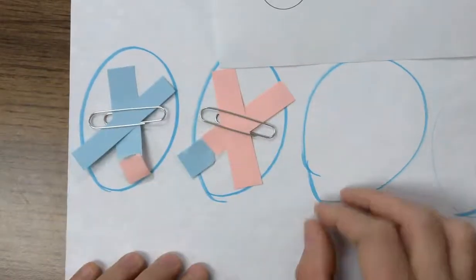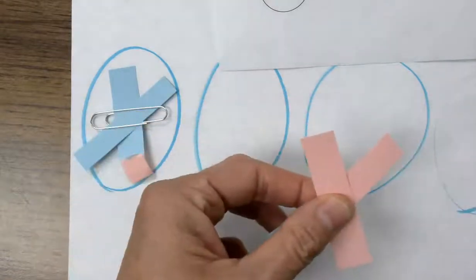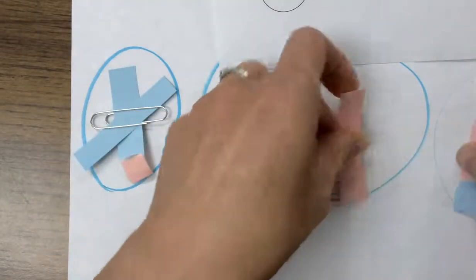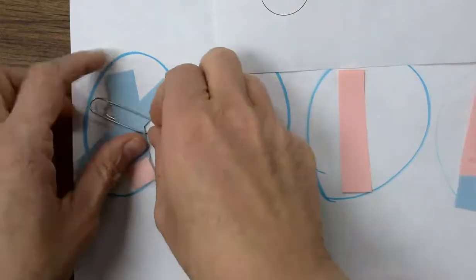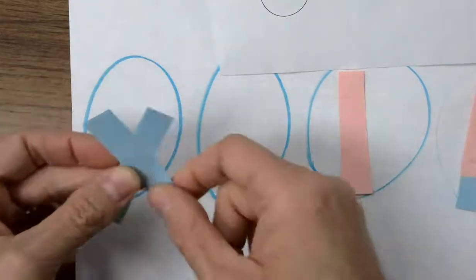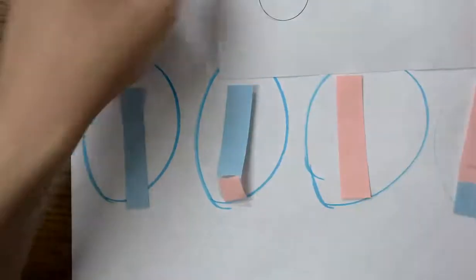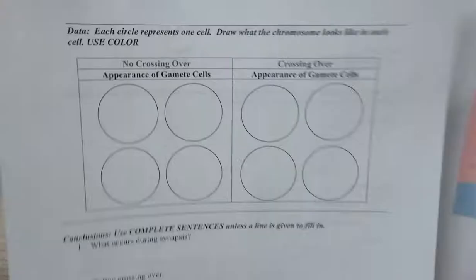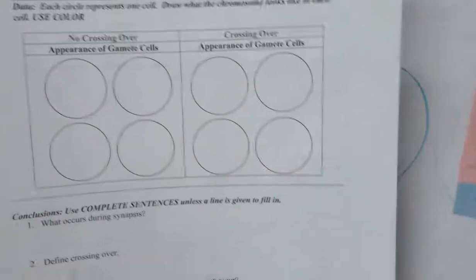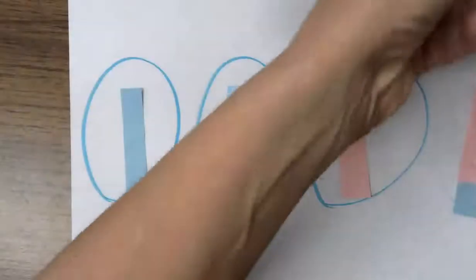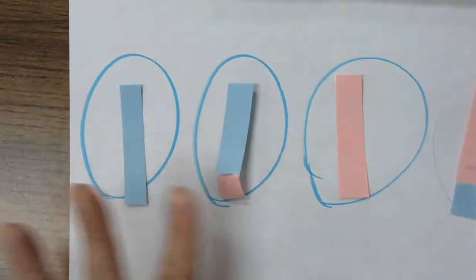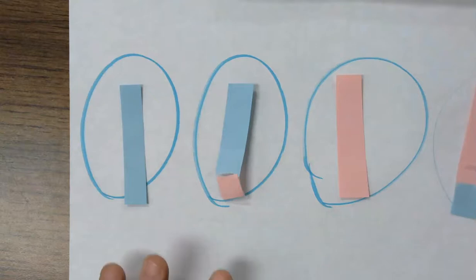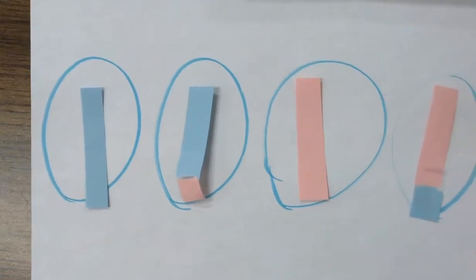I'm going to model meiosis 2 by pulling these apart. And now I'm going to draw what I have in those 4 cells. Notice that none of these cells are identical. Each one is a little bit different.